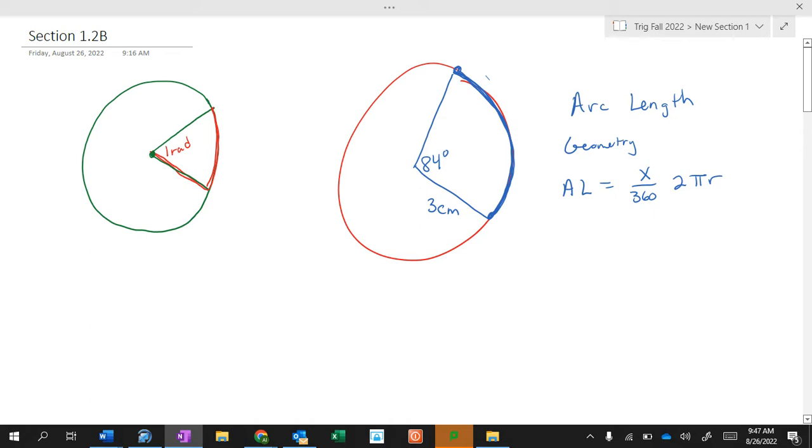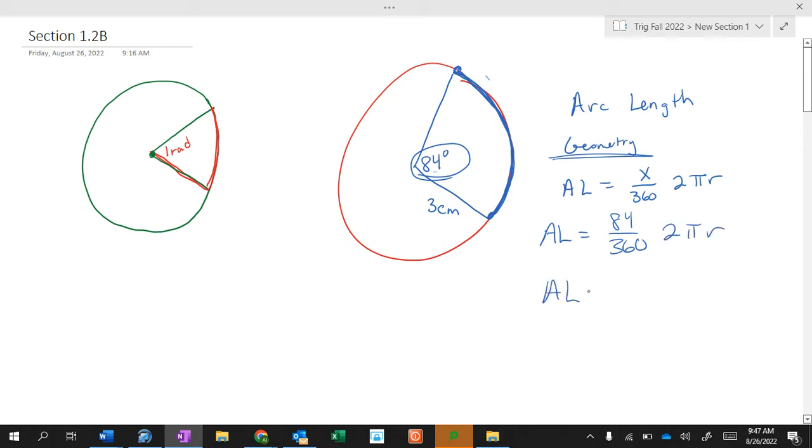Since this problem has degrees as a central angle, we're going to use the geometry formula. So for this circle, arc length equals 84 over 360 times 2 pi r.